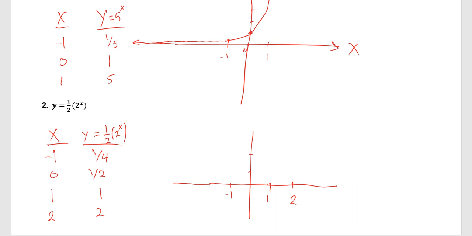At 0, we have 1/2 for y. At plus 1, we have 1 for y. At 2, we have 2 for y. Okay, so it's increasing a little bit slower, but it does increase exponentially like this.